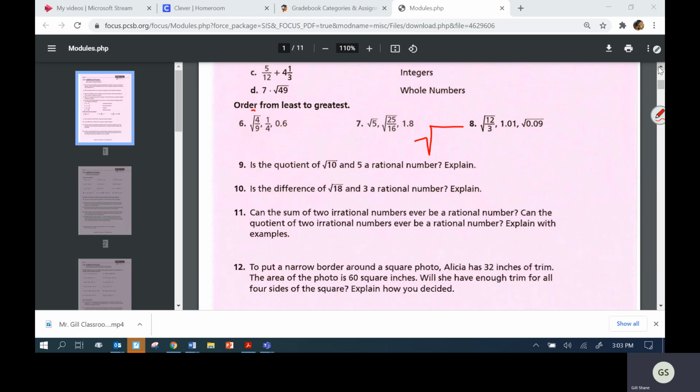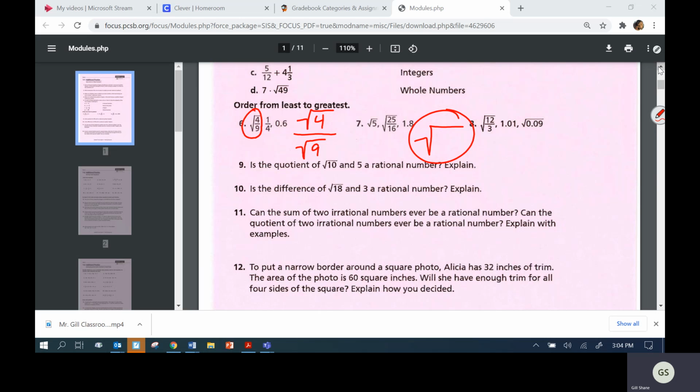If I take the number, so here we go, right there, that is 4/9 in there. If I take that, I can rewrite it, first of all, as the square root of 4 over the square root of 9. If I can get rid of those radical symbols, those square root symbols, then that number is no longer irrational. It becomes rational because I wouldn't have this symbol in there anymore.